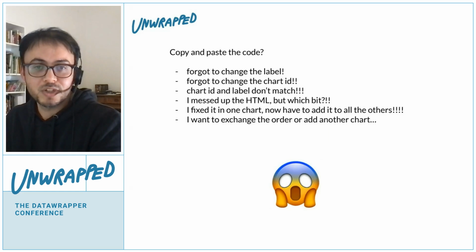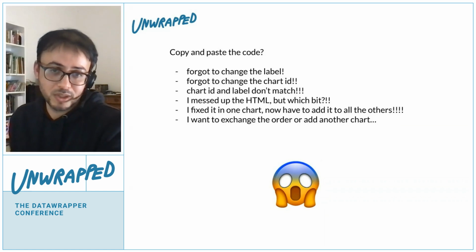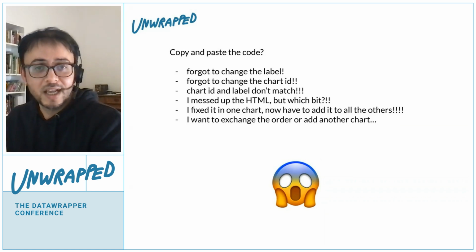And when you start doing that, you start getting into problems like you forgot to change the label. So there's Spain twice, but which one is the correct Spain and which one is actually Italy? You forgot to change the chart ID. So you have Spain and Italy, but both of them are showing the same chart, and you need to find out which one's the correct chart.